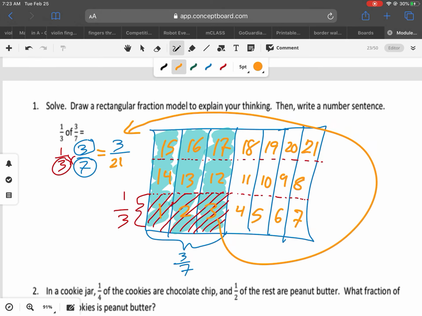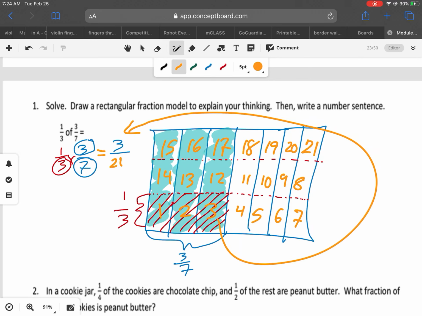Okay, so this 3 is a double 1, so that's our 3/21. Now, hopefully you can see that 3/21 can be divided by 3, both the top and the bottom, by 3/3, and we would get 1/7.